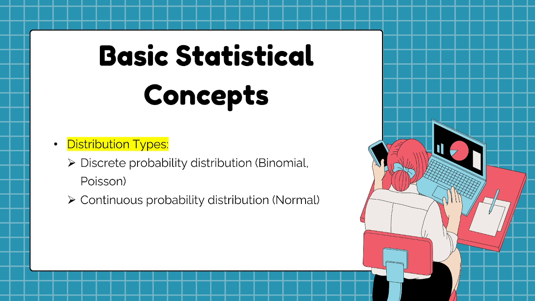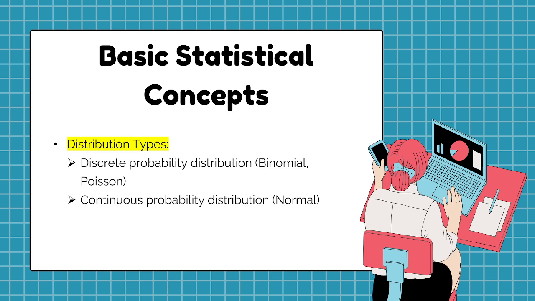Let's say if we have a discrete variable, then we can use a discrete probability distribution such as the binomial or the Poisson to solve that problem. But for a continuous quantitative variable, we rely on the normal distribution.